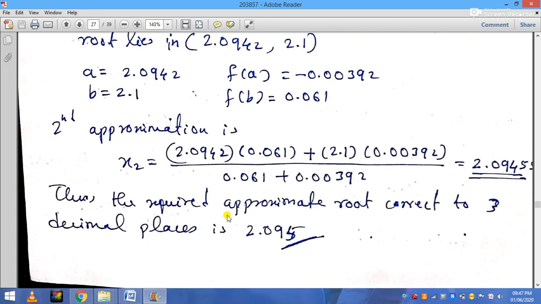Therefore the required approximate root correct to 3 decimal places is 2.094, or if we take the next digit, 2.0945 means 2.095. Either you write 2.094 or 2.095. So this is the regula falsi method.